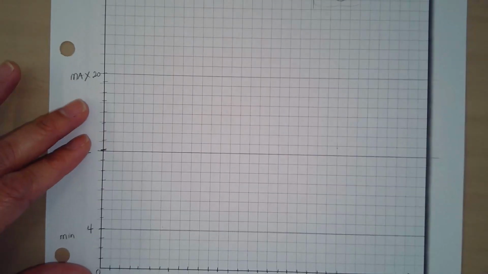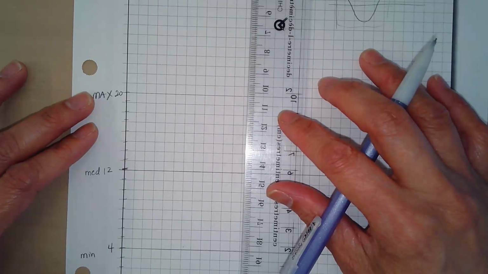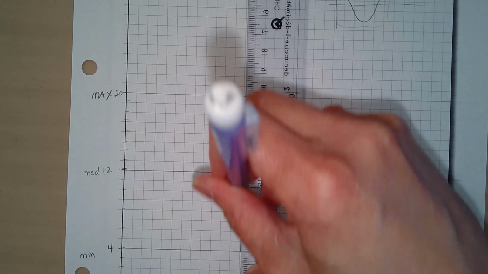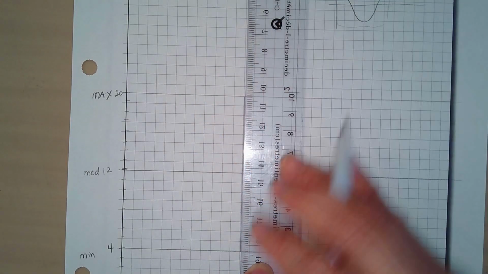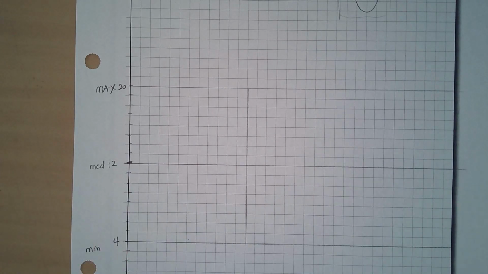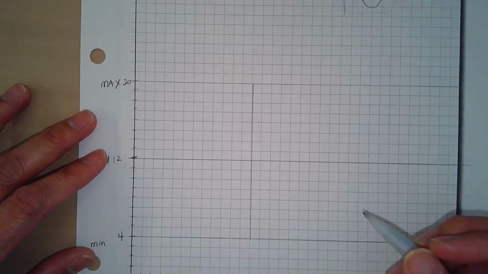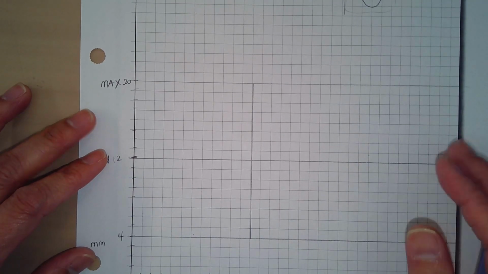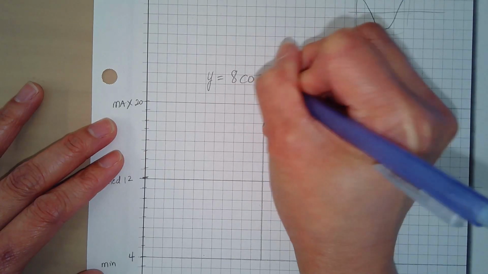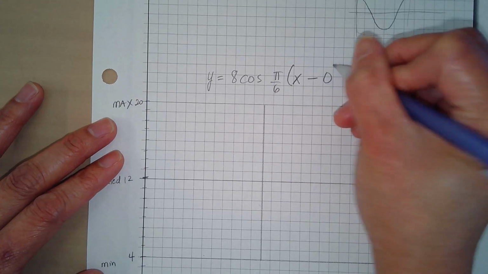So, one whole period is up to here. There's no shifting, so that means we're starting at 0, right? No shifting. So y equals 8 cos pi by 6 x minus 0.